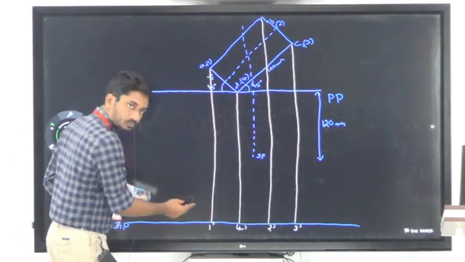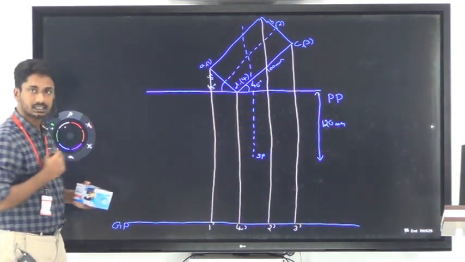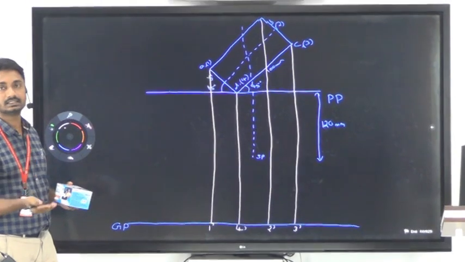So at a distance of 40 mm from the ground plane, we are assuming that the object is placed on the ground plane since no other conditions are given.